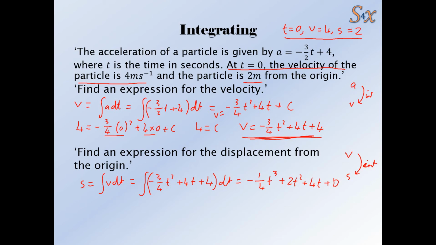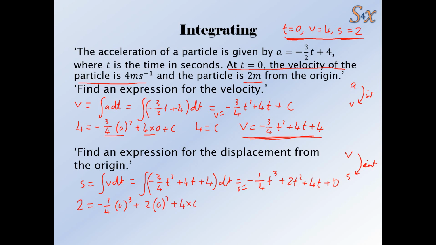So now I've got that, I need to find this integration constant d. I go back to the information I found, and I found that at t is 0, s is 2. So I can substitute that in. I can substitute s is 2. This is my expression for s, remember. 2 equals minus 1/4 of t cubed, and t is 0. It's 2t squared, again t is 0.